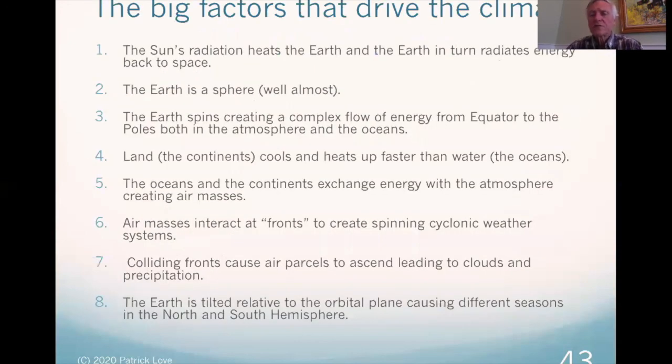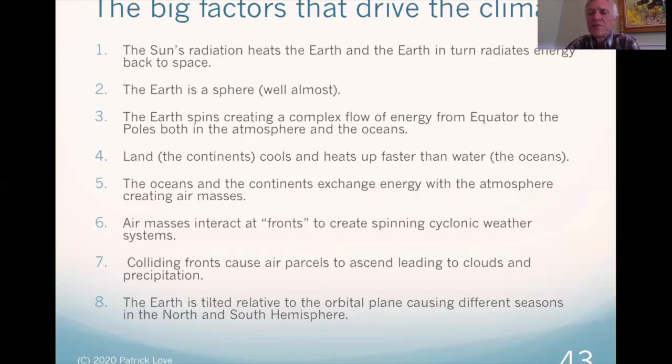And in summary, for this whole section, for these first 3 lectures, we can say that we've now got a sense for these big factors that drive the climate. The radiation balance between the sun and the earth, the effect of the earth's spin and the spherical nature of the earth in the overall circulation, the fact that that circulation is modified a bit by the land and by the relative heat content or specific heat, or the ability of the water and the land to absorb heat being quite different.